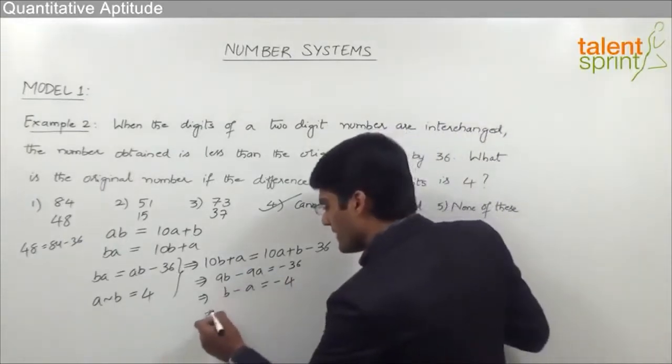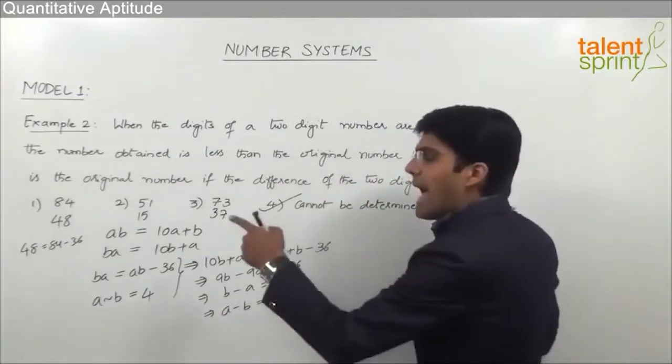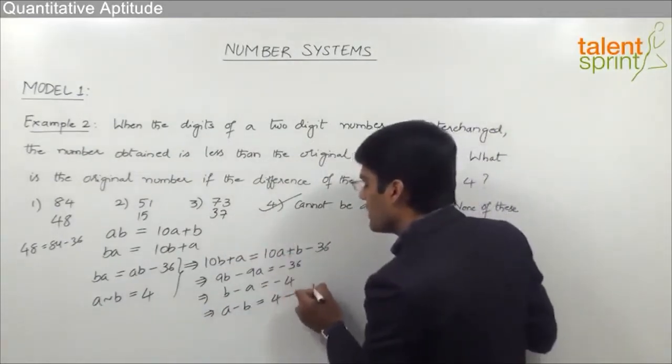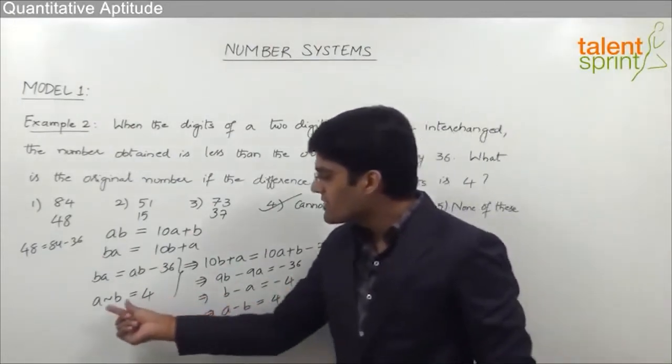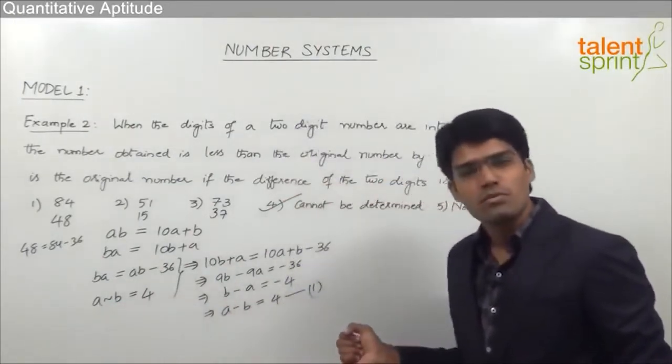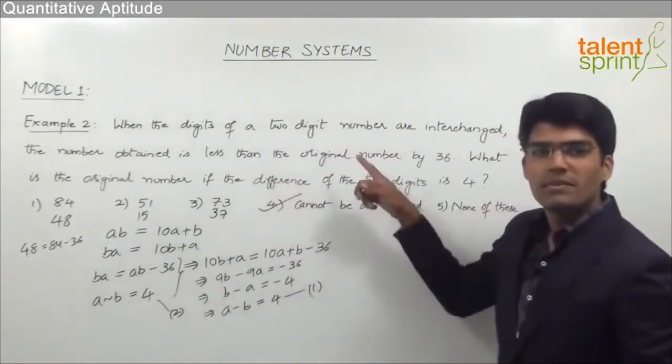Or to simplify this, we can say A minus B is equal to 4. So as per the second condition, the equation that we get is A minus B equal to 4, and the first condition says the difference of A and B is equal to 4. So these are the two equations which are framed with the help of the given conditions.